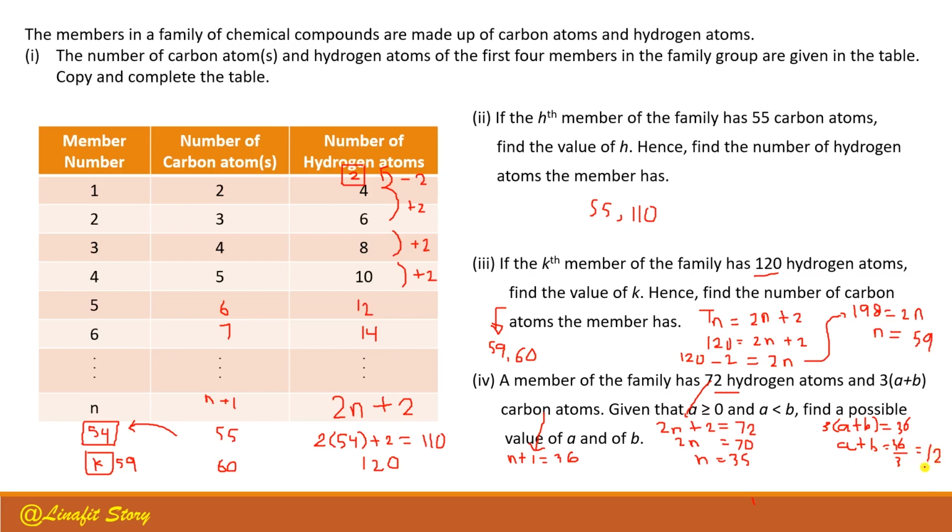A plus B is equal to 12. And remember, A is greater than or equal to 0 and A is less than B. So the possible value of A and of B is A is equal to 5 and B is equal to 7. 5 plus 7 is equal to 12.